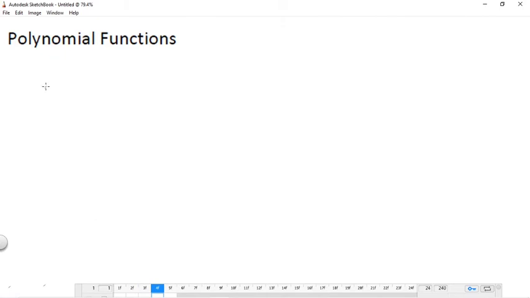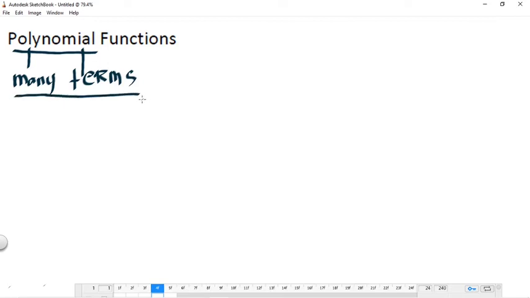The second type is polynomial function. From its name, poly means many and nomial means terms. Therefore, polynomial means many terms. A term can be a number like 8, 4, or -2.